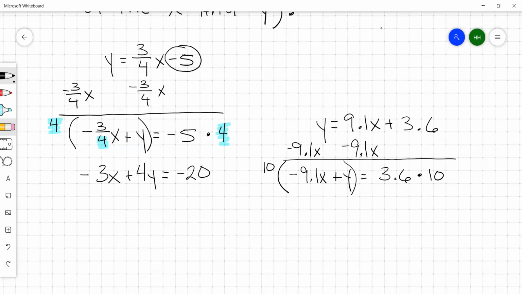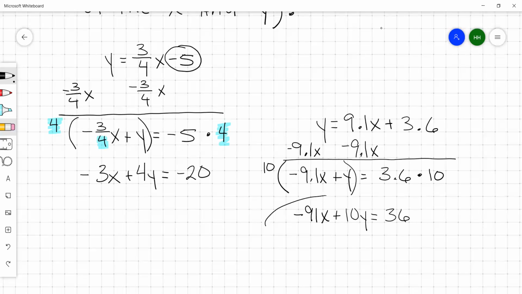That's going to eliminate the decimal. So negative 9.1 times 10 is negative 91x, plus 10 times 1y, so that's 10y, equal to 3.6 times 10. That's 36.